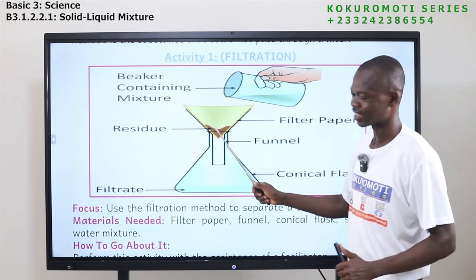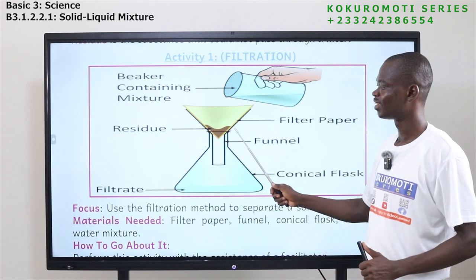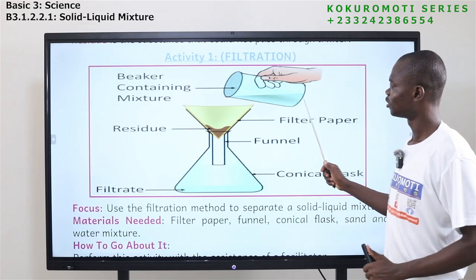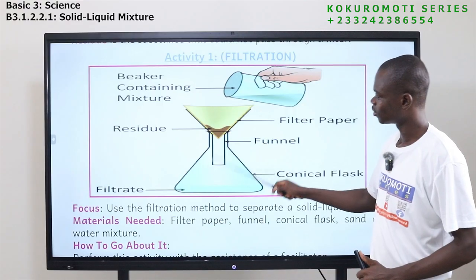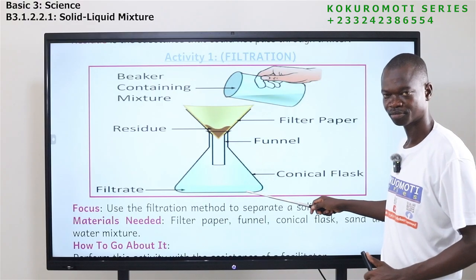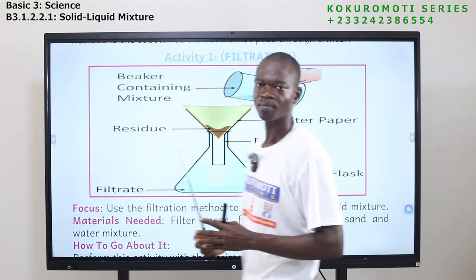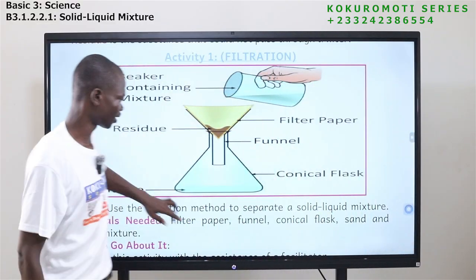You get your stones here, and you get your water here. Here is a mixture of water and sand. You get your sand here, your water will come here. So this is how the filtration method looks like.